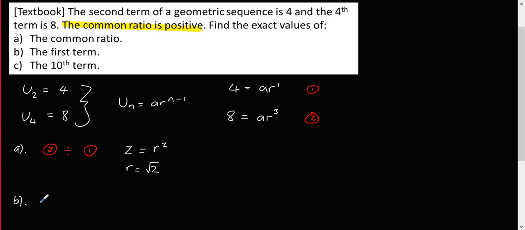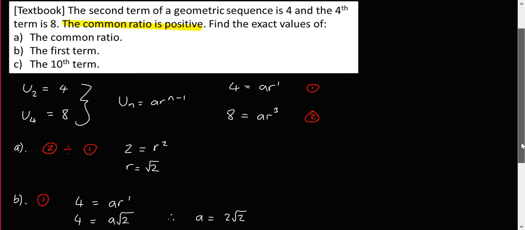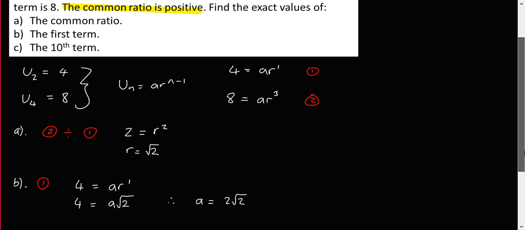From equation 1, I know that 4 equals ar to the power of 1, which means that 4 equals a multiplied by root 2. Divide both sides by root 2: 4 over root 2. Rationalize the denominator: 4 root 2 over 2, which is 2 root 2. Again, we've got these in exact values because that's what we were asked to do.